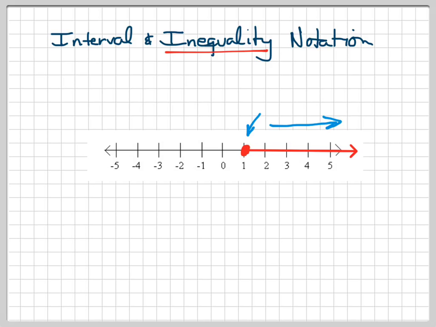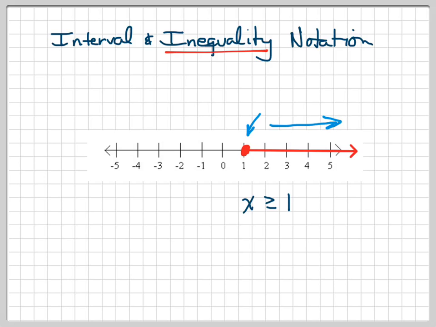And so if we want to show that in inequality notation, we just say the numbers x are all bigger than or equal to 1. Okay, and that's what we should be familiar with.